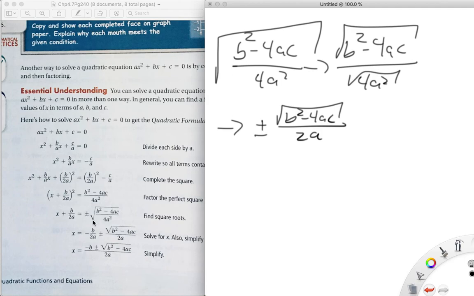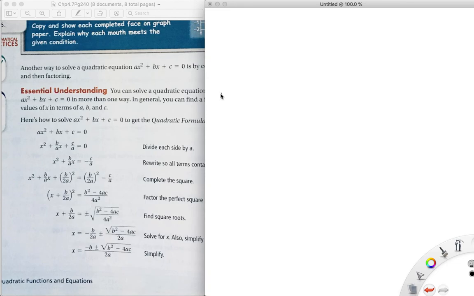And then we subtract negative b over 2a from both sides. So then this is going to be negative b over 2a plus or minus the square root of b squared minus 4ac over 2a.